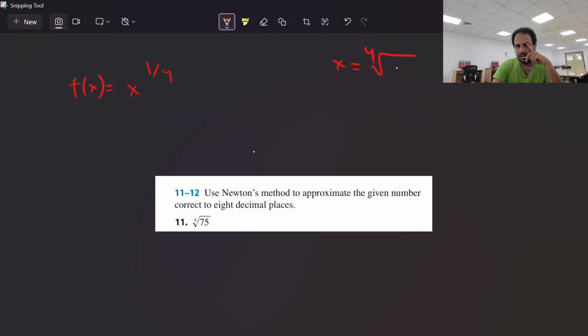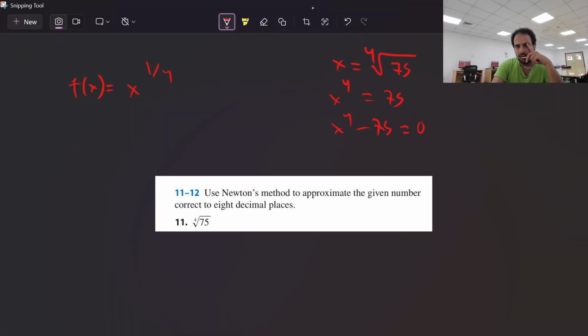x equals 4th root of 75. So power 4 for both sides, you get x^4 equals 75. Subtract 75, you get x^4 minus 75 equals 0. Then I want f of x equals x^4 minus 75. This is my method, okay?